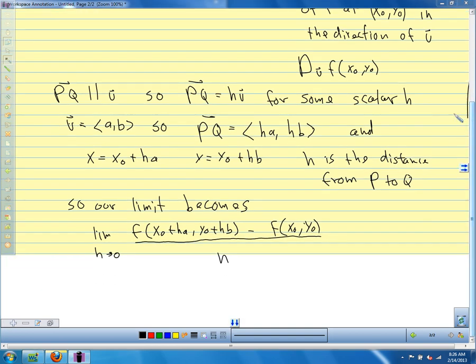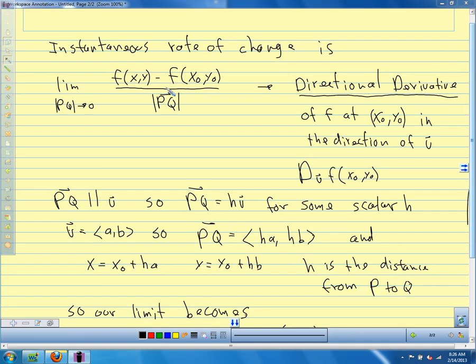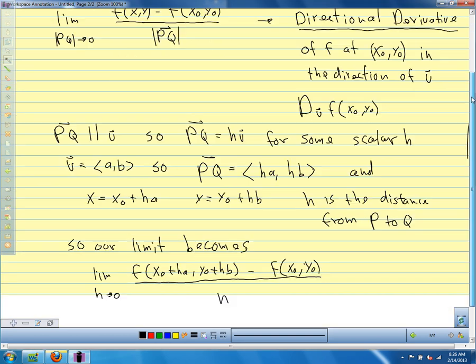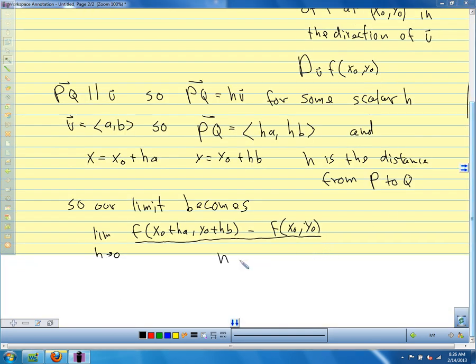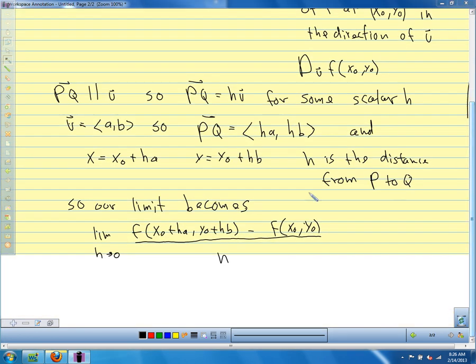So we've just substituted some quantities into this rough expression for our limit, and our limit becomes this. This is how we are going to define the directional derivative. This expression defines our directional derivative, this rate of change in the function as this length approaches 0.